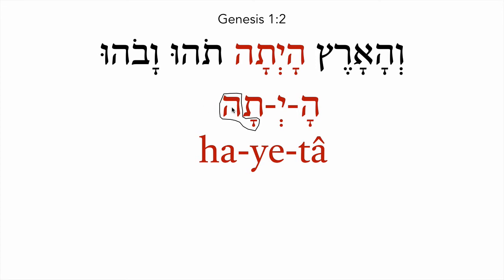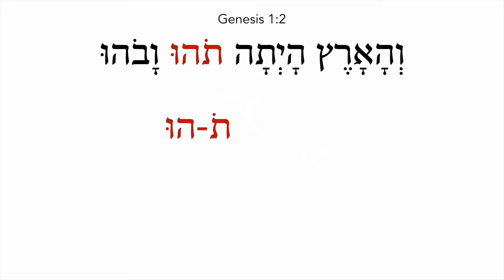And remember, hey can be a mater lectionis, a mother of reading, which means this isn't really the consonant hey. These two go together, and this hey is written on the line to say, think about it, there's actually a vowel here. So, ha, y, ta, although when we say this, we'll really just say hayta, as if it's two syllables.